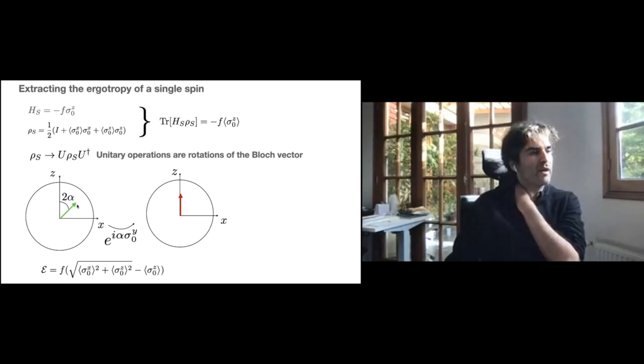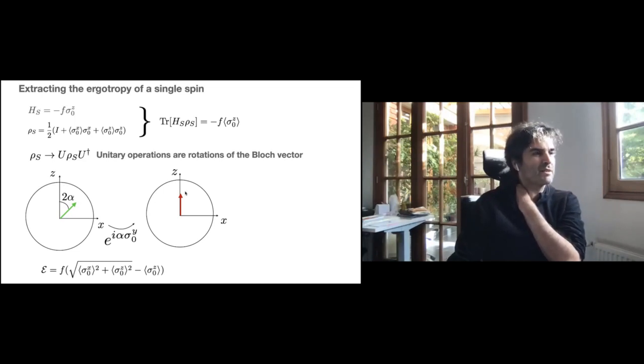And we know that the passive state has to commute with the system Hamiltonian, right? Because the passive state has the same energy basis as the system Hamiltonian.